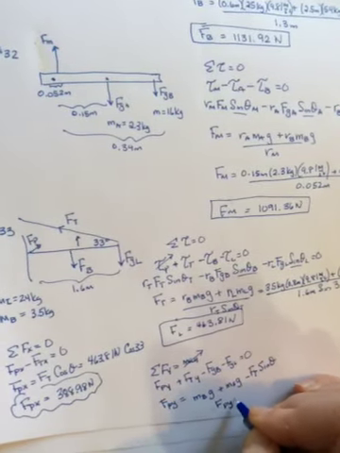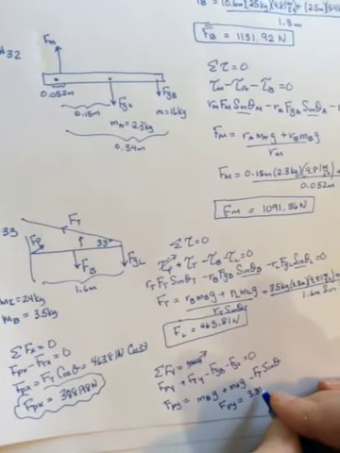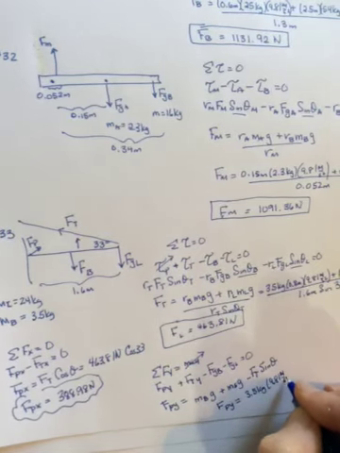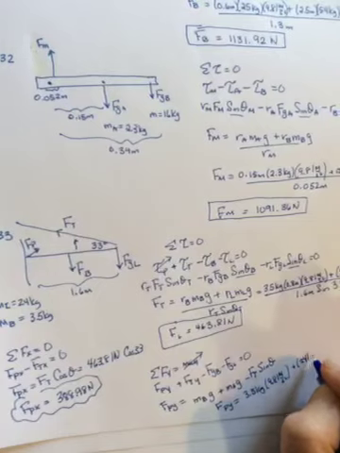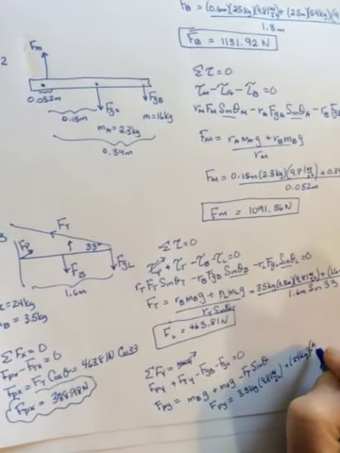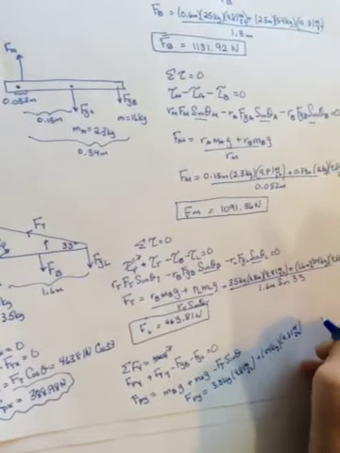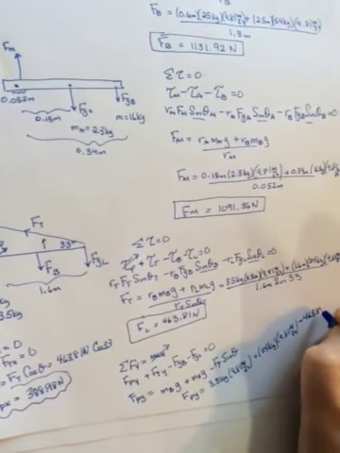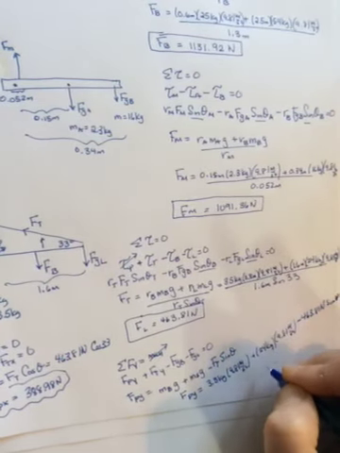So FPY should equal the beam was 3.5 kilograms times 9.81 meters per second squared, plus the sign was 24 kilograms, 9.81 meters per second squared, and then minus the tension was 463.81 newtons, sine of 33.